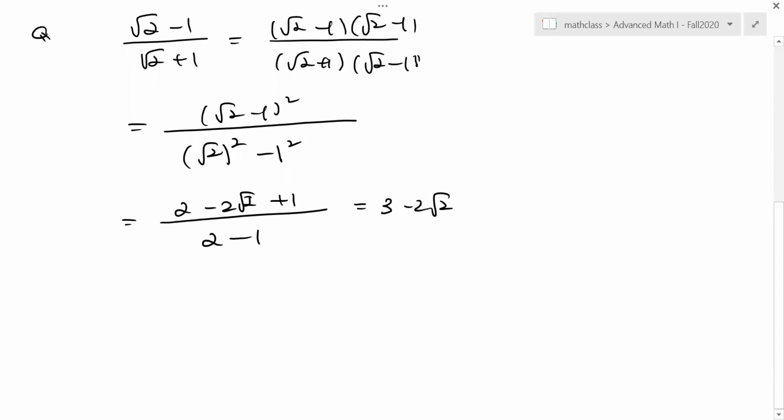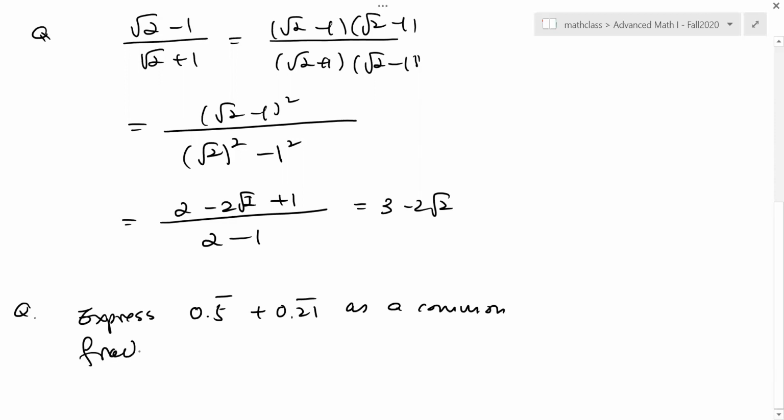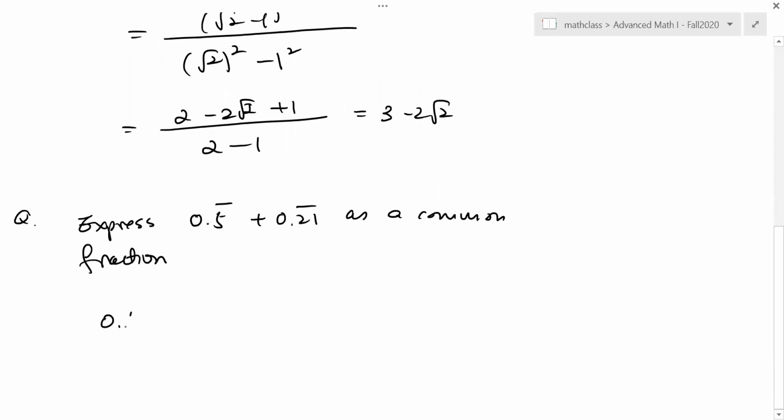And you can also express 0.5 bar plus 0.21 bar as a common fraction. How to do that? First of all, you have to convert each to a common fraction. 0.5 bar is going to be 5 over 9.